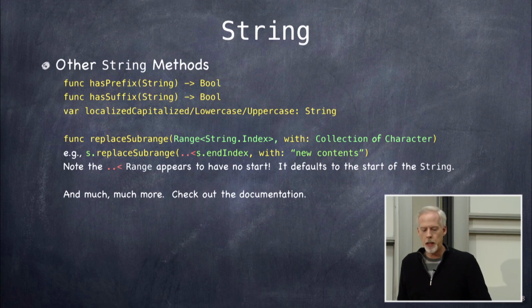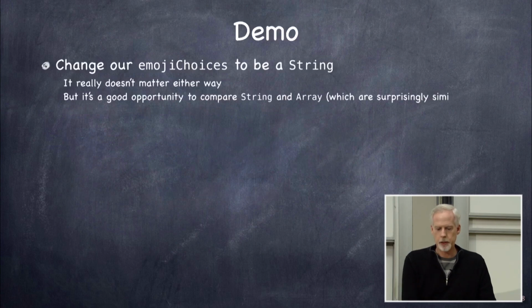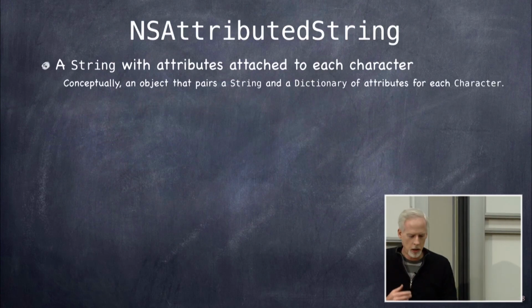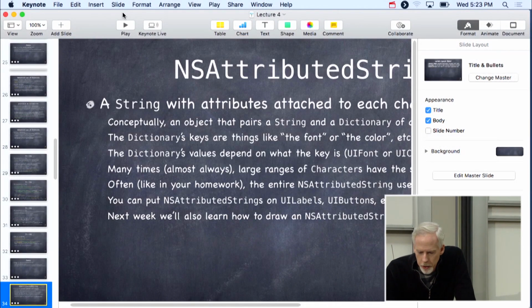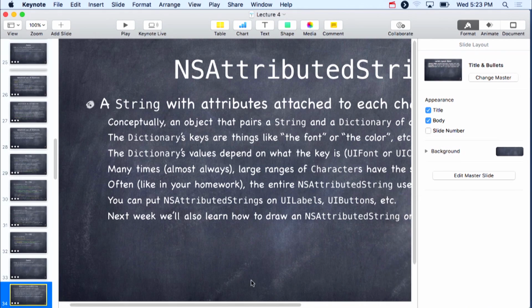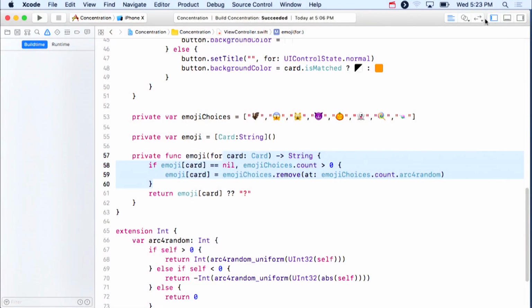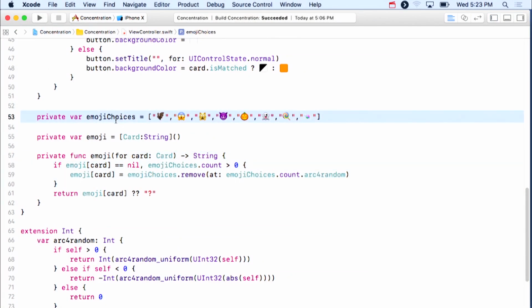Okay, so that's string. So to make this all understandable, let's go back to our Concentration, and we're going to make this thing right here, this emojiChoices, which is currently an array of emoji strings.